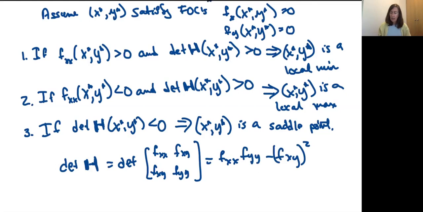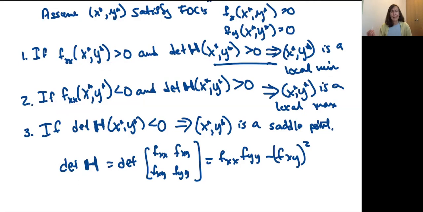So that determinant has to be positive for us to be at either a min or a max. If the determinant is negative, it doesn't matter what the signs of the derivatives themselves are, we're at something that's not going to be a local extreme value. If the determinant is positive, though, then we look at the sign of one of the direct partials.